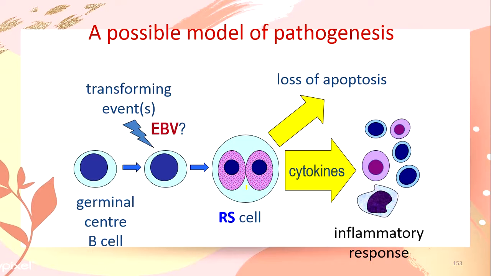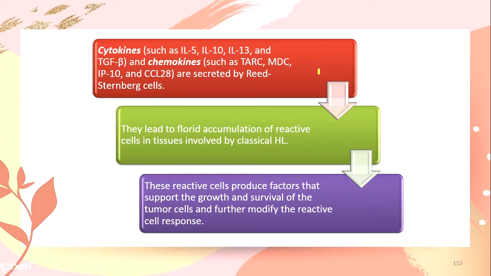Now, a possible model of pathogenesis is that germinal center B cells are acted upon by some transforming agent like EBV, and they are transformed into RS cells. The RS cells then produce cytokines which recruit inflammatory cells, and they also produce loss of apoptosis.